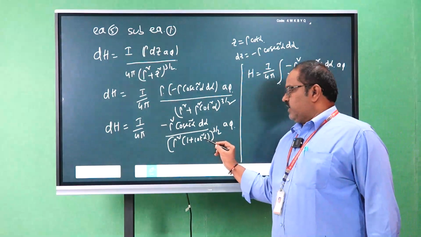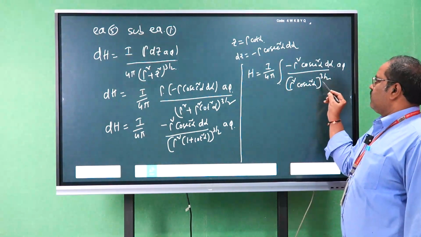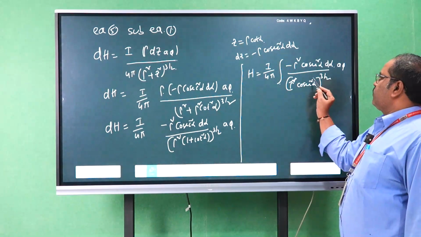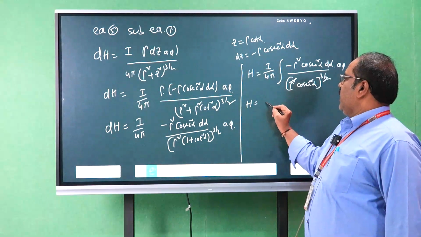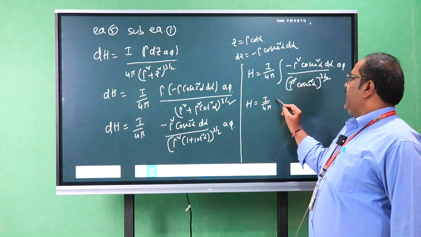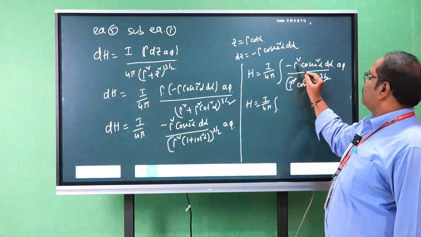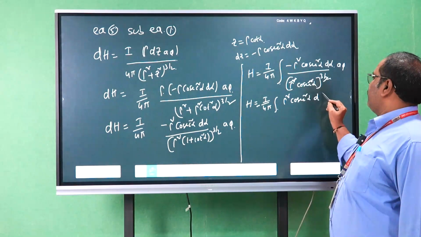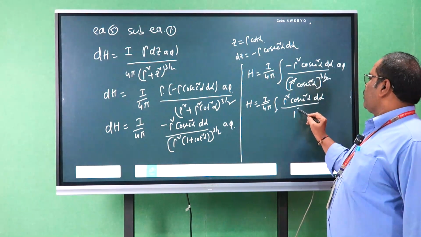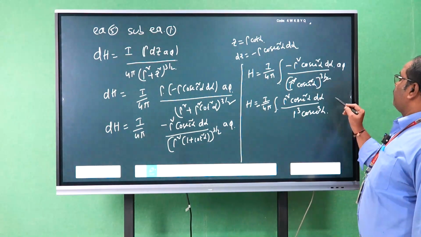Since 1 plus cot square alpha is equal to cosecant square alpha, we get rho square cosecant square alpha whole power 3 by 2. Therefore, H is equal to I by 4 pi integral of minus rho square cosecant square alpha d alpha by rho cube cosecant cube alpha, a phi.